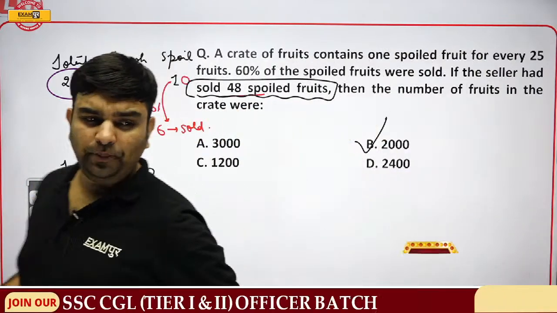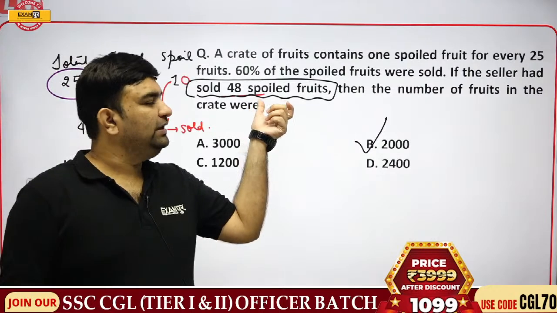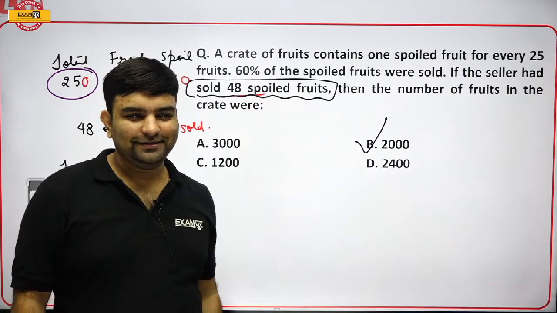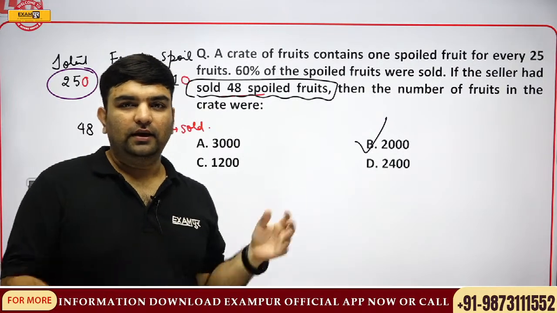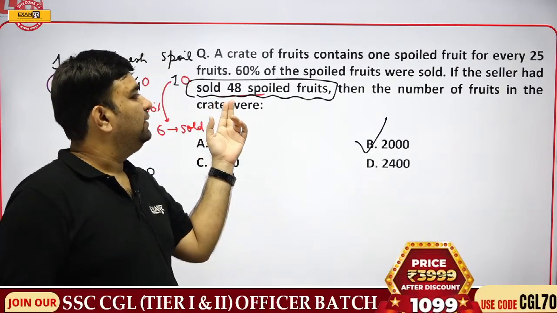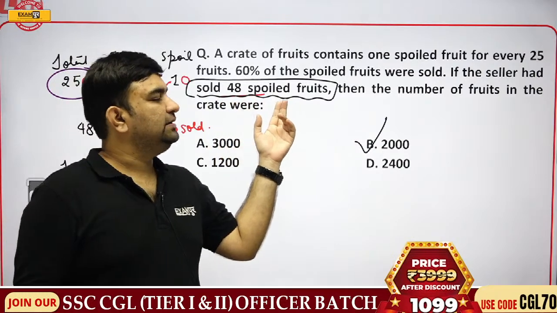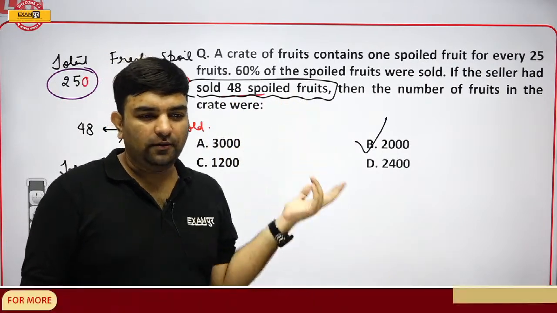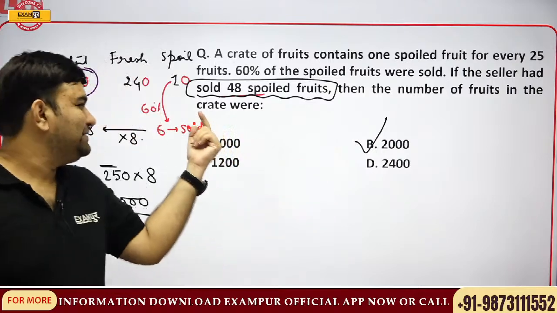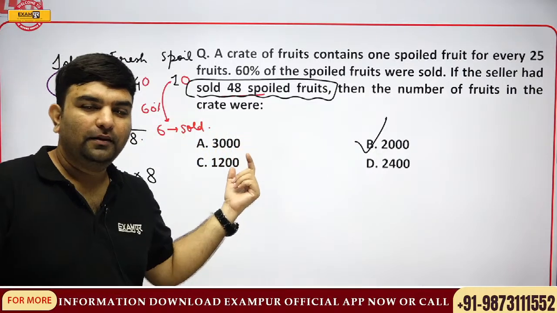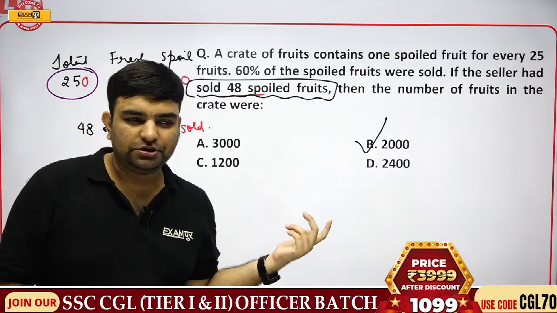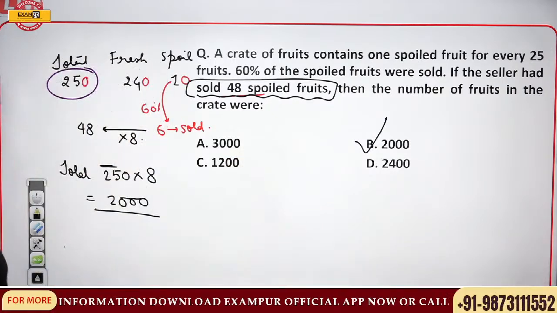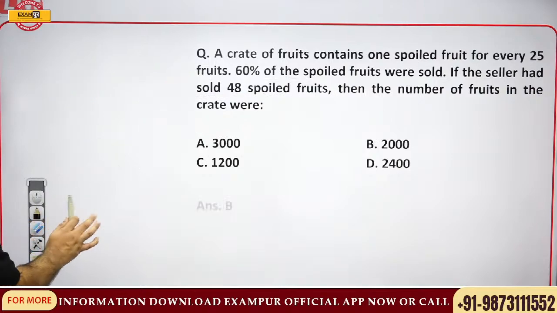Ideally, the question should be that 48 fruits remained. The question would have been much better if it was given that 48 spoiled fruits are remaining, because then it would be one step more. That would be the ideal question. But no issues. If this is the question, then this is the answer.